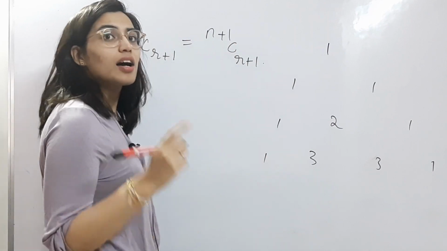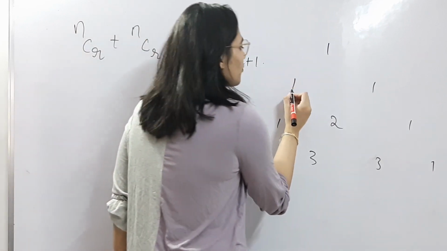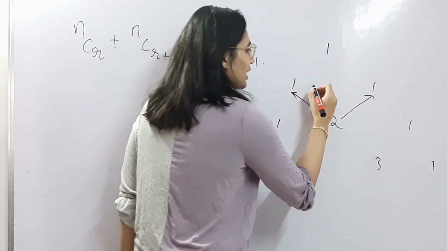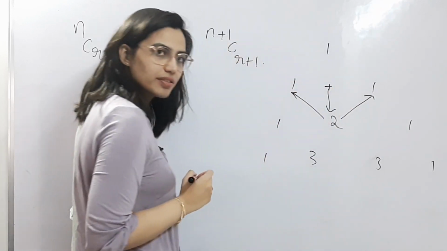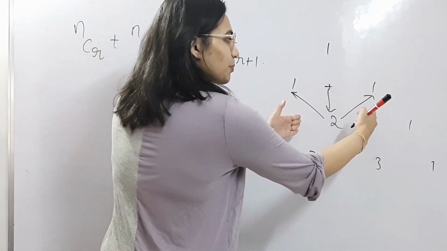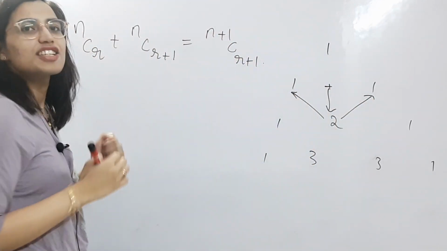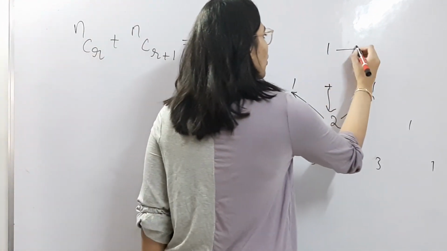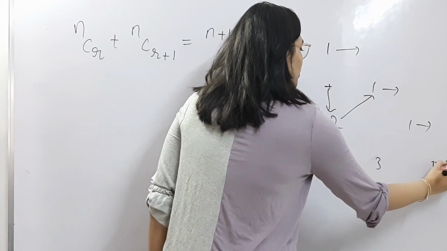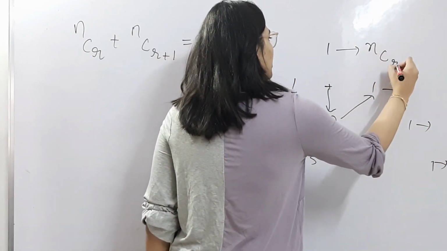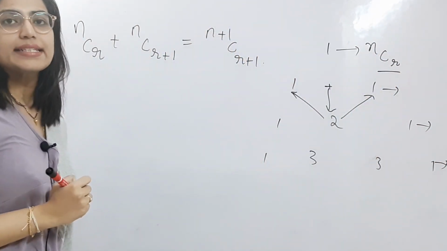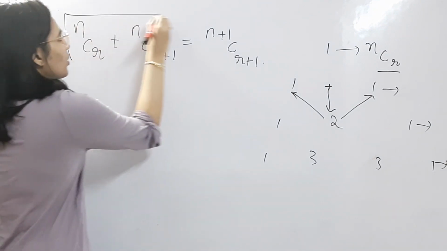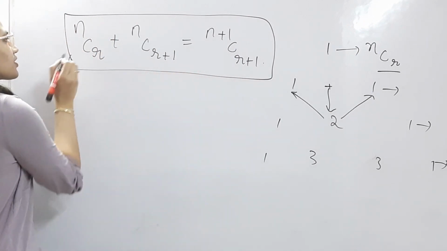A way of writing Pascal's triangle is that we take the diagonally opposite numbers of the previous row and we add these two in order to get this. Right. So this interpretation is represented in this form using binomial coefficients, because you know for a fact that all the numbers in Pascal's triangle are nothing but binomial coefficients and can be represented by nCr. Right. So that is how we can show that this is true.